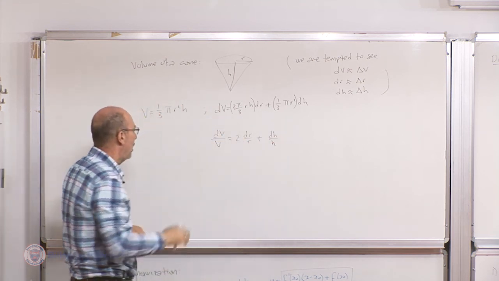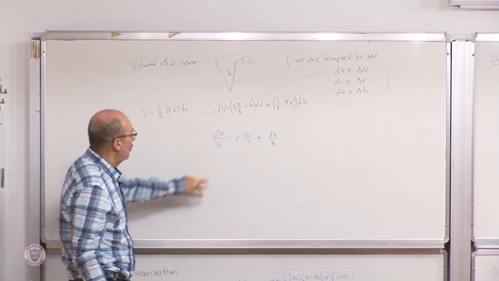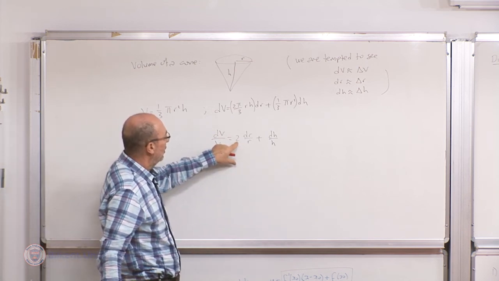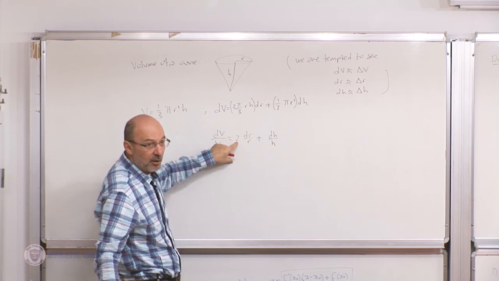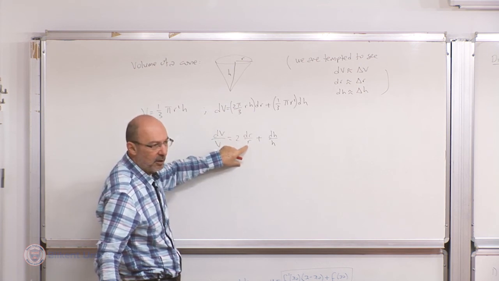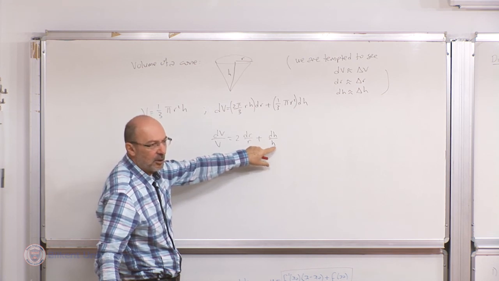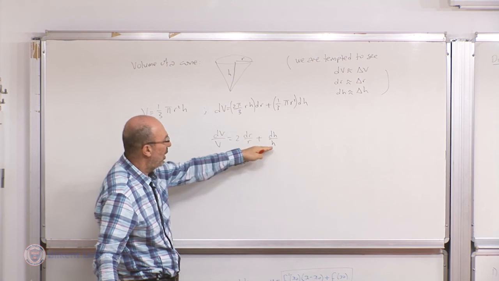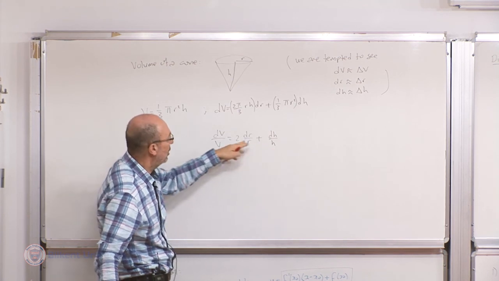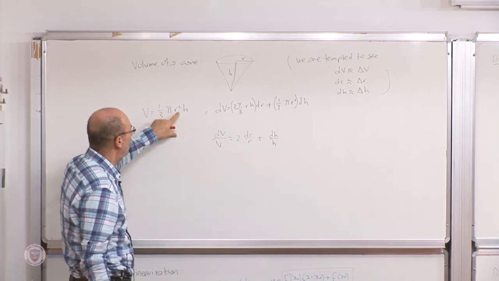So if you change r a little bit, its contribution to the relative change is twice the change you are making here. This is another way of interpreting this one.